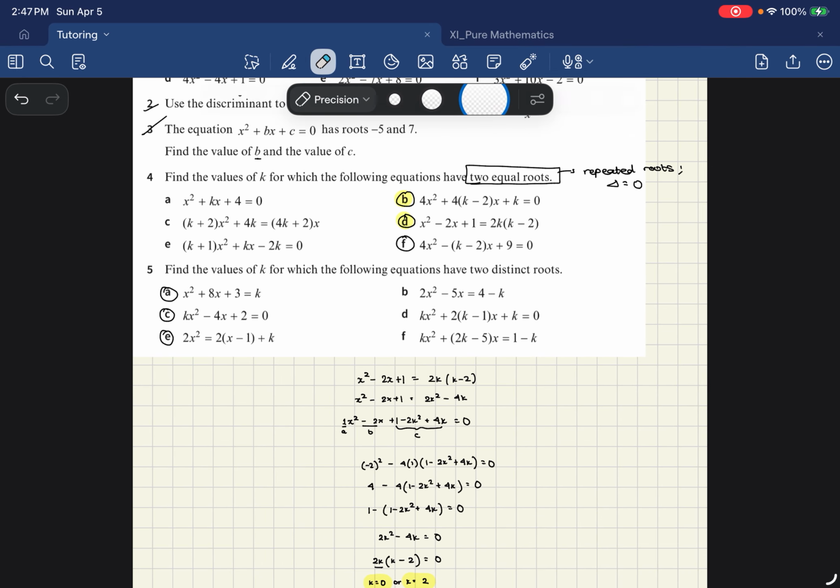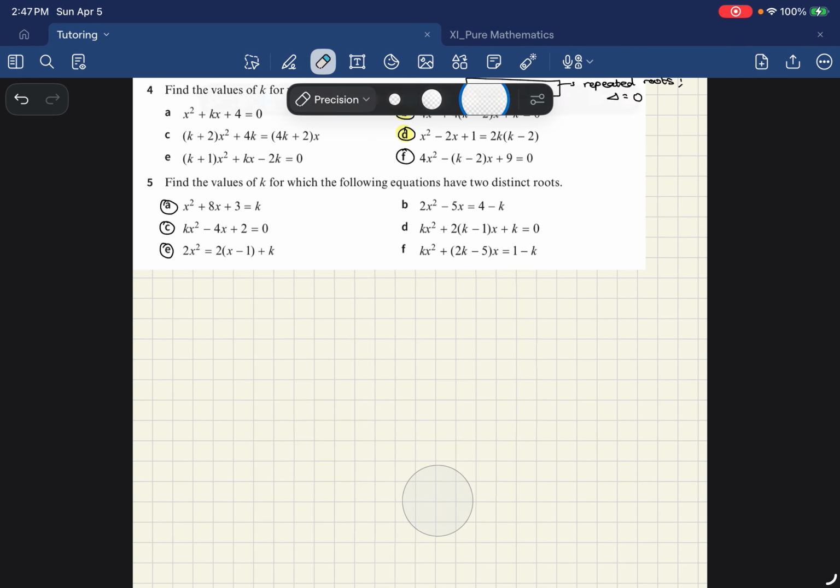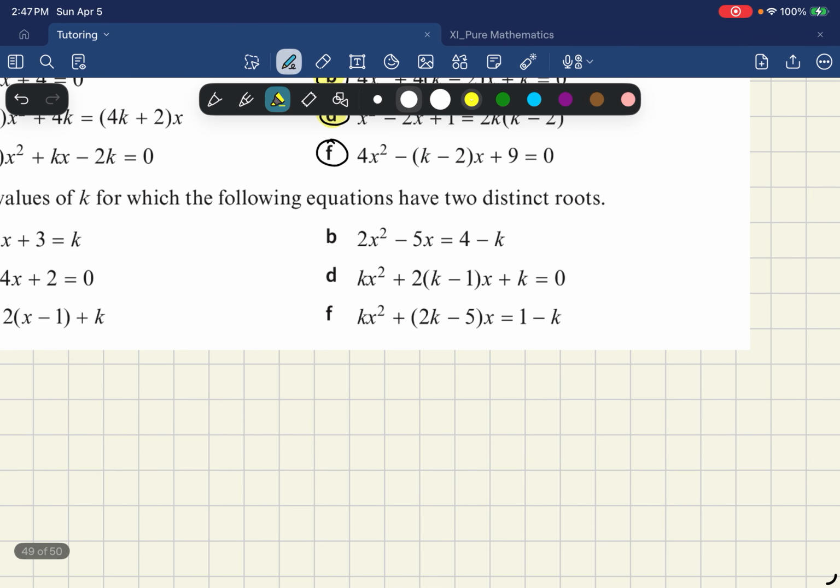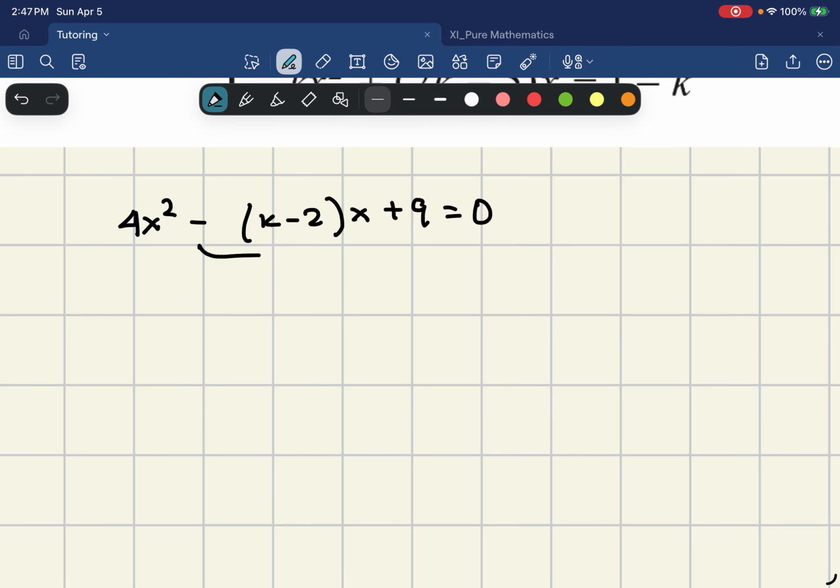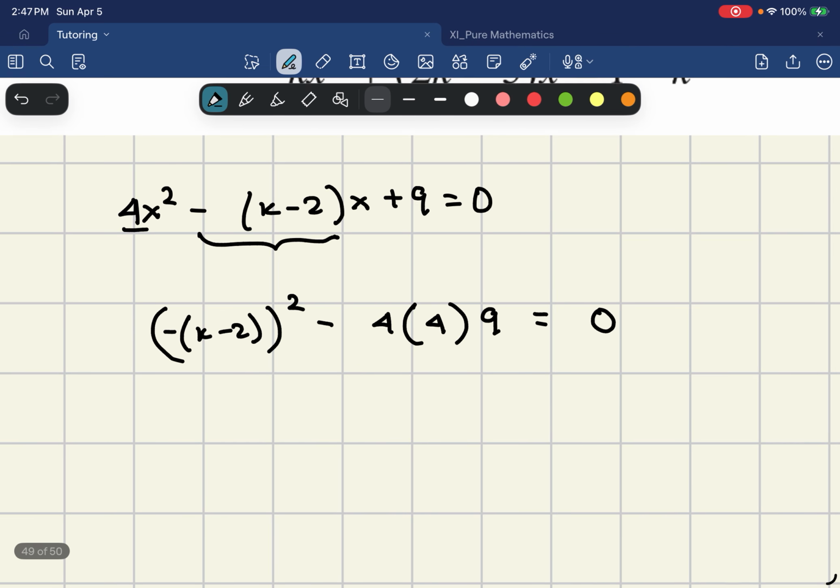Alright, now let's move on to part F. The idea is very, very similar. Again, we have 4x squared minus k minus 2x plus 9 is equal to 0. So b is just this expression, minus k minus 2. b squared minus 4ac, a is 4, c is 9, is equal to 0. The discriminant is equal to 0.